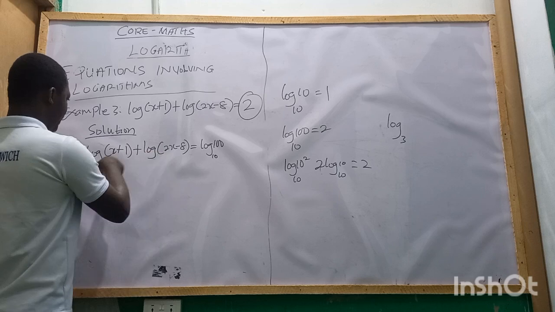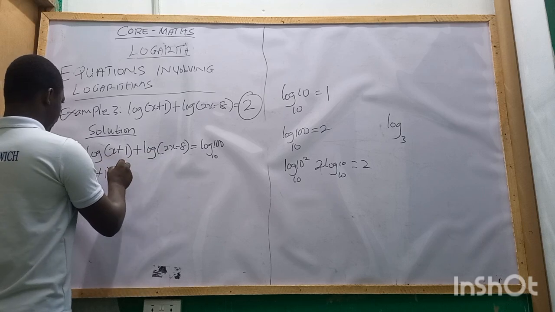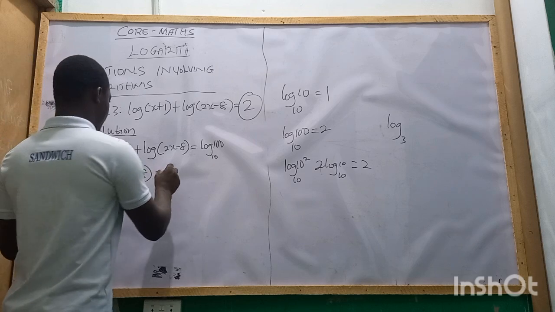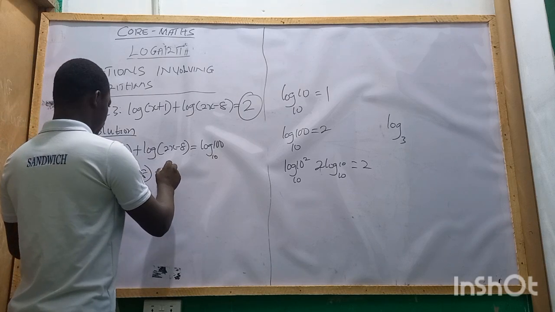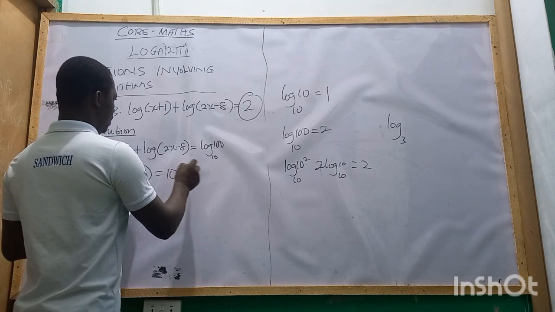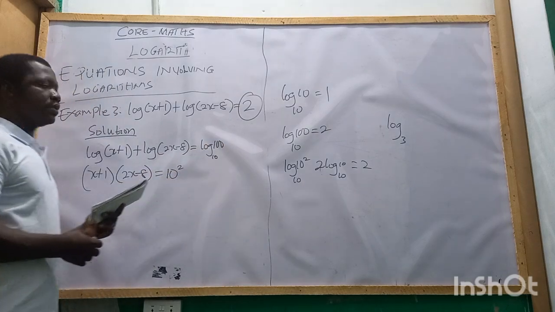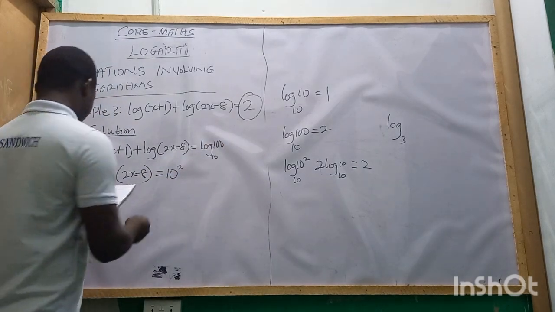So here they are adding, so they multiply. I can express 100 as 10 squared. Right, okay.